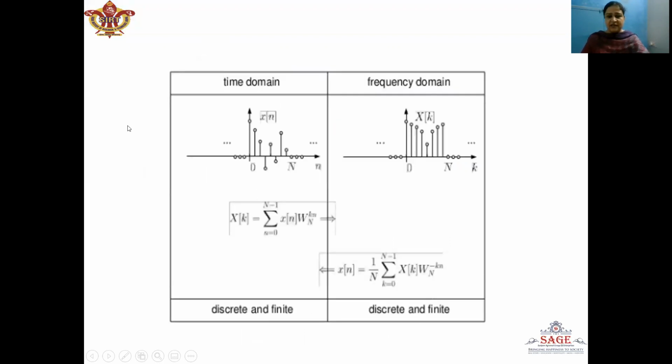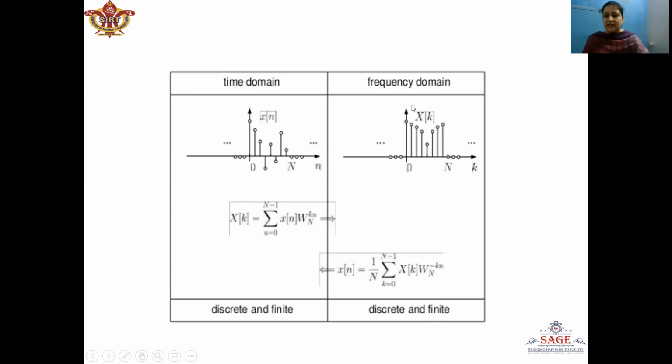Now here we can see both domain representations of a signal. Here we have this finite sample time domain signal x[n], which has samples from 0 to N. When it is represented in the frequency domain, it is given by the DFT formula X[k], which is summation n equal to 0 to N minus 1 x[n] W_N kn.